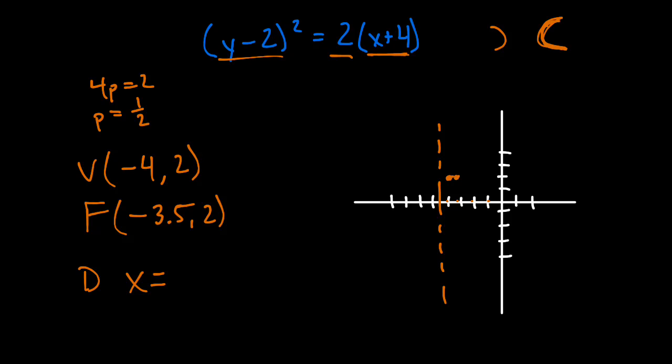So x equals, and 1/2 unit to the left would put us at negative 4.5. So we have our focus, directrix, and our vertex. And I think when you played with things on Desmos, you hopefully saw that as those get closer, the graph of a parabola gets narrower. So we're going to have a pretty narrow parabola there going out around our focus to the right.